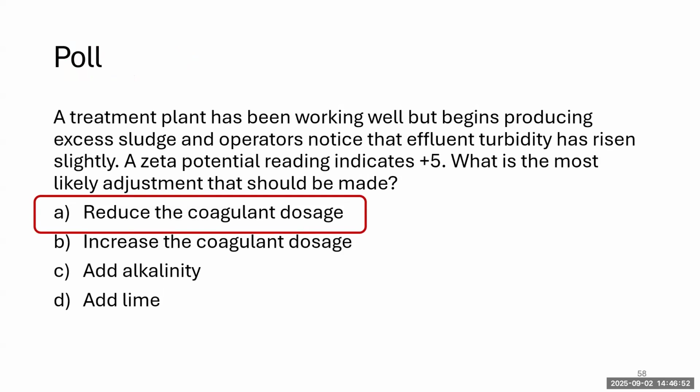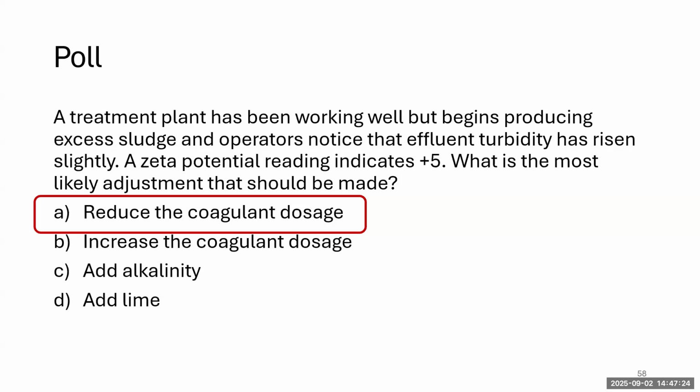We probably have a little bit too much dosage. So the turbidity of the influent might have decreased a little bit, but the effluent turbidity might have risen slightly because we're not getting good coagulation, and maybe some of those particles are restabilizing and making it through the filter because they're small and they haven't been neutralized.